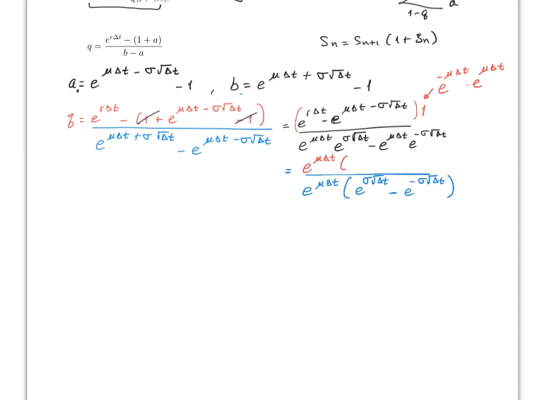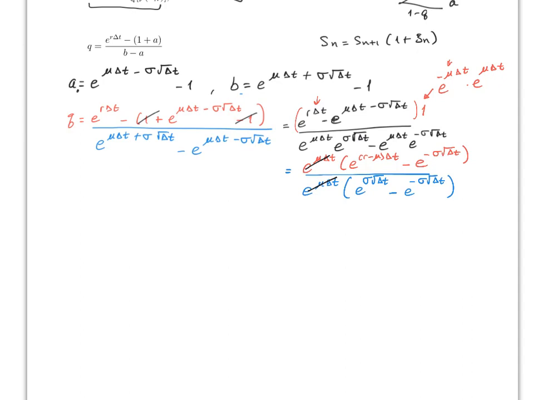Then if you combine this and this, you'll end up with e to the r minus mu delta t minus e to the minus sigma square root of delta t, which you can easily see that these two will cancel.